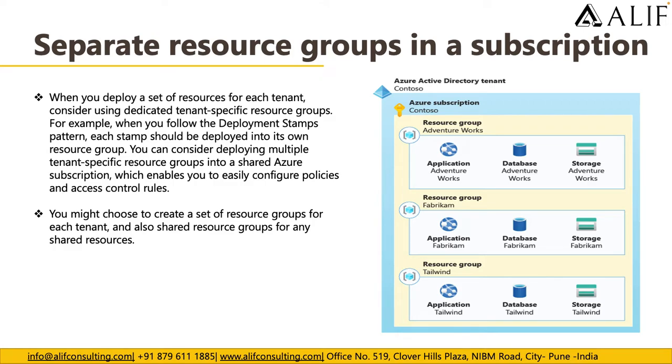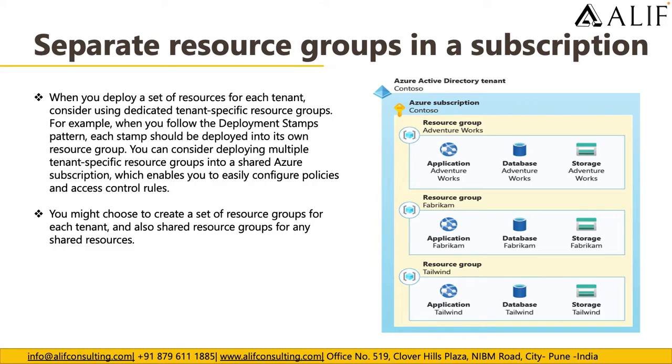This type of deployment, which is called a separate resource group in a subscription, can help you do segregation between the applications, right? In this specific deployment type, all of our applications, web apps, databases and storage accounts will be in a separate resource group and will remain separate for all the applications.